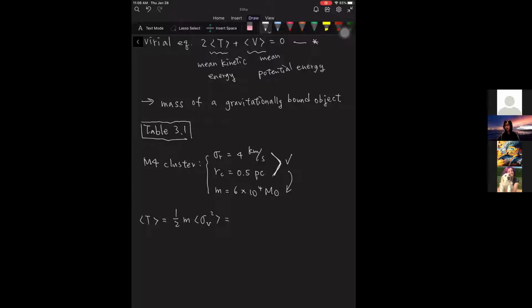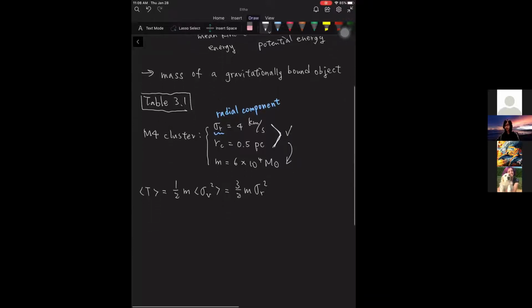And notice that for the measurement, we can only measure the radial component, the line of sight component, of the velocity dispersion. So to get a 3-dimensional velocity dispersion, we can assume isotropic motion. Then sigma v squared will be 3 times sigma r squared.